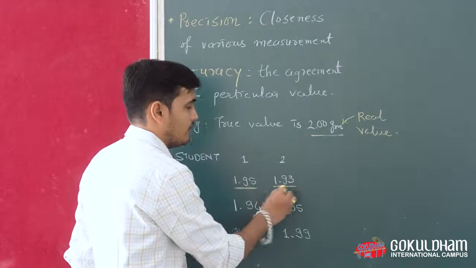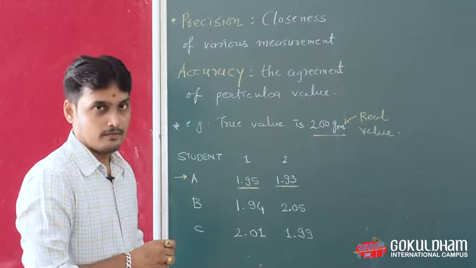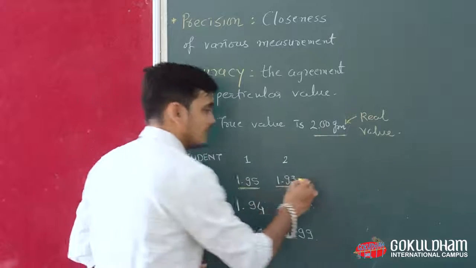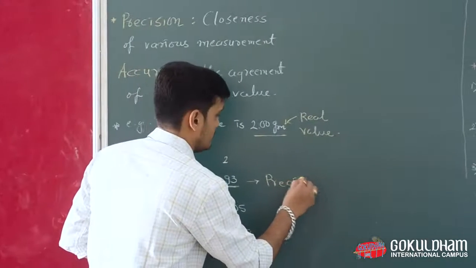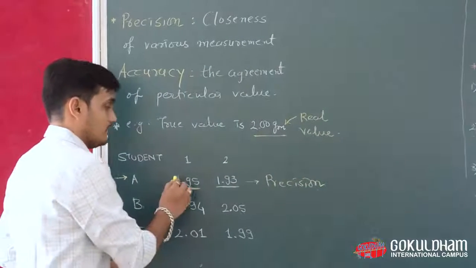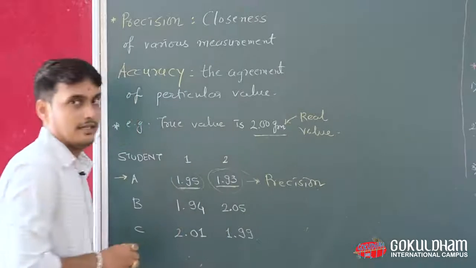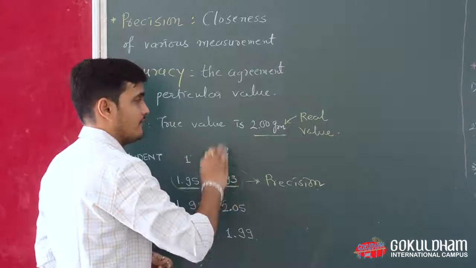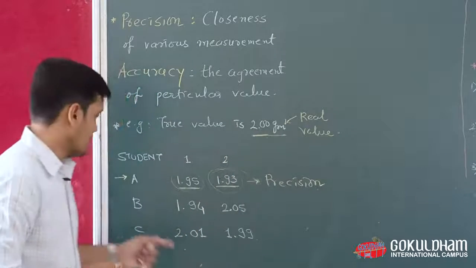So 1.95 and 1.93 are very close to each other but not near the real value. So this shows the precision in student A's experiment. But 1.95 and 1.93 are very far from our real value, that is 2.0 gram.